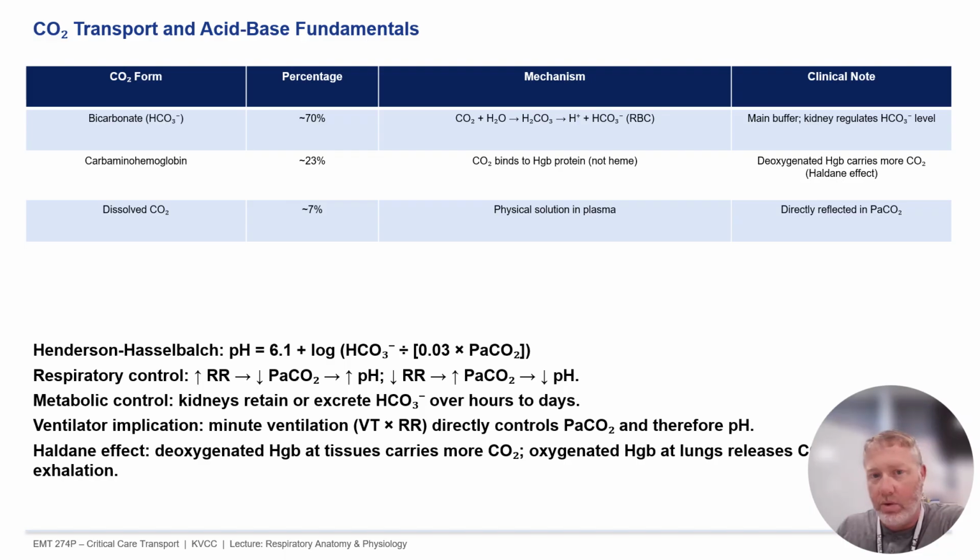That's useful for both respiratory and metabolic acidosis. Decreasing the rate or the tidal volume retains more CO2 and drops the pH, which you might accept in permissive hypercapnia for COPD patients, or if you're doing any kind of lung protective ventilation strategies.